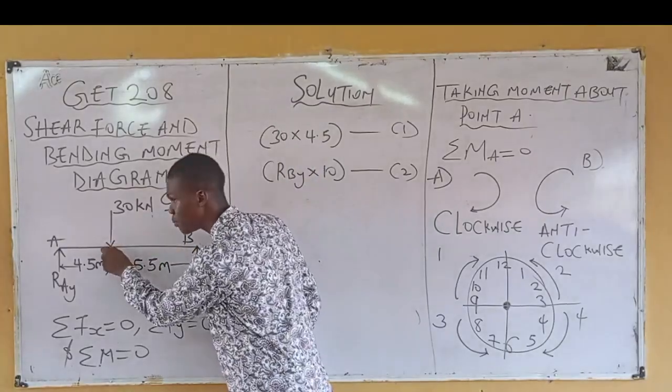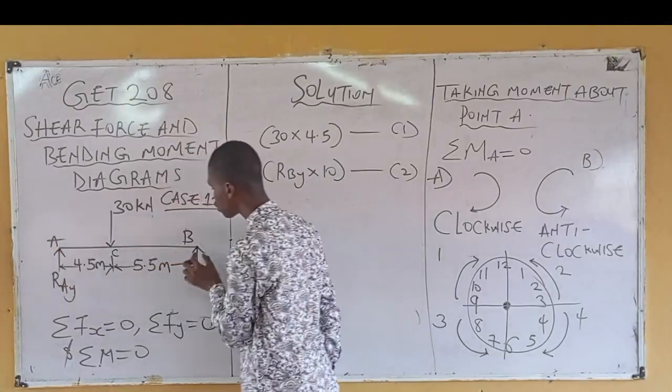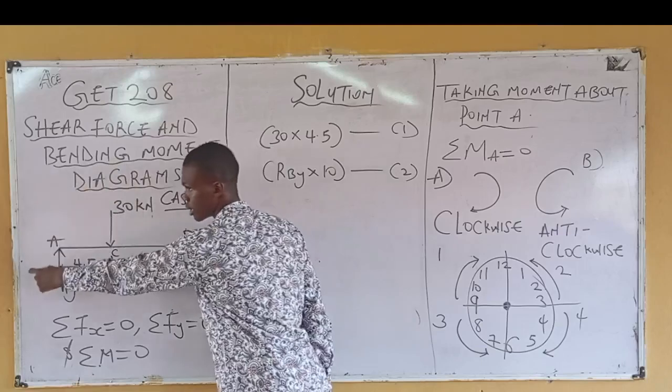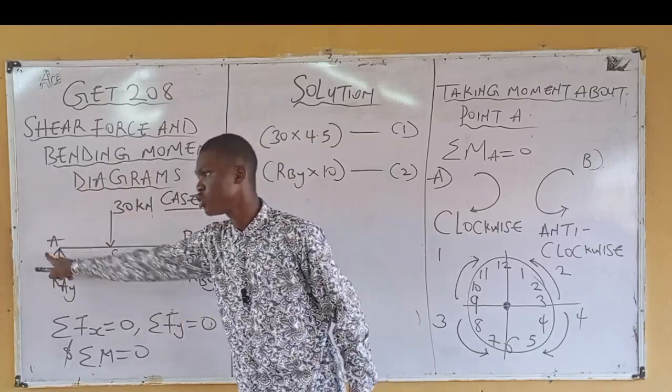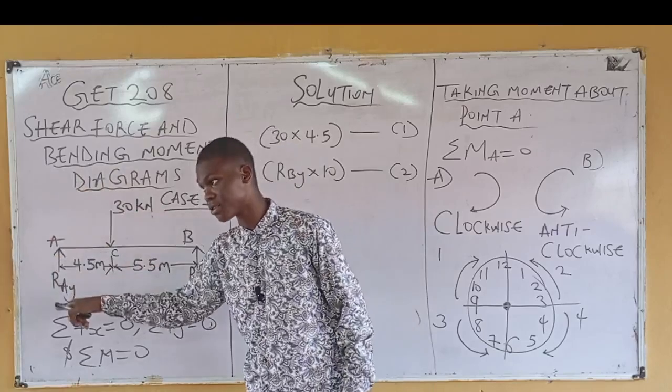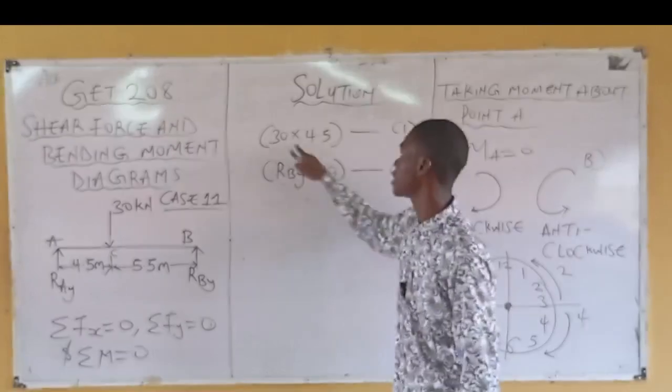Now imagine it this way. You want to tip the edge to point A. For this first one, tipping the edge to point A, you observe that it is covering a distance, and the distance is 4.5. So this is what you have here, 30 times 4.5.